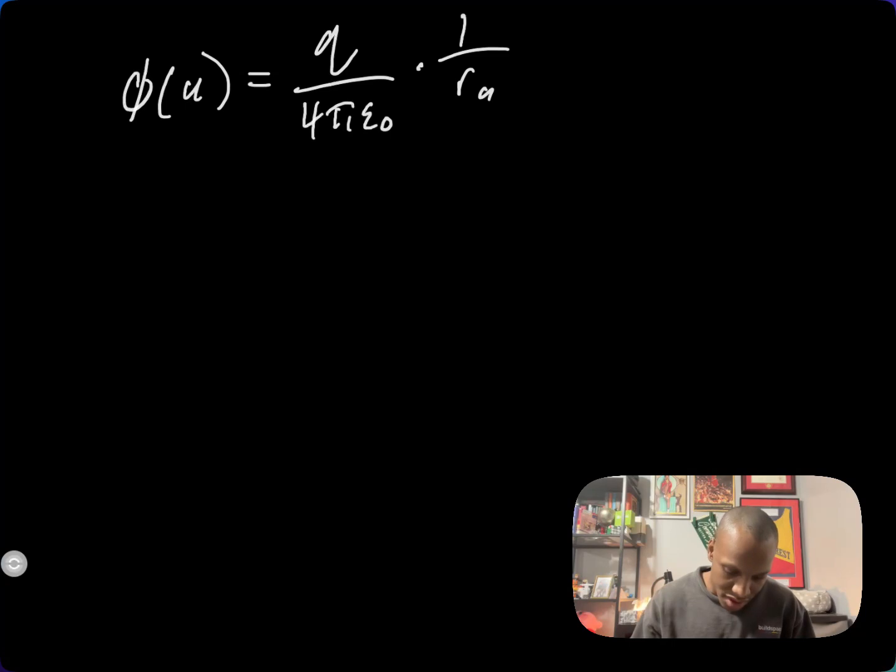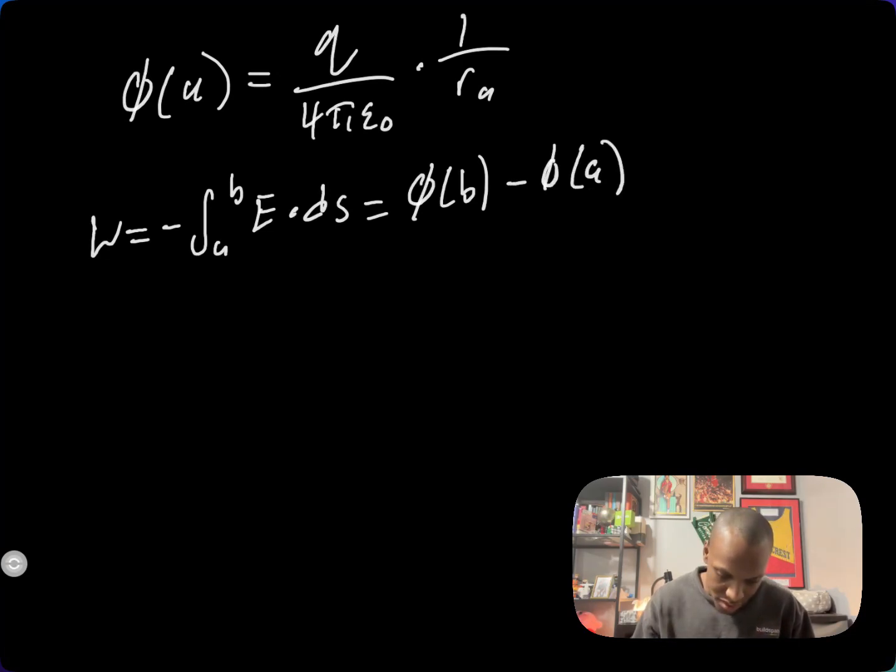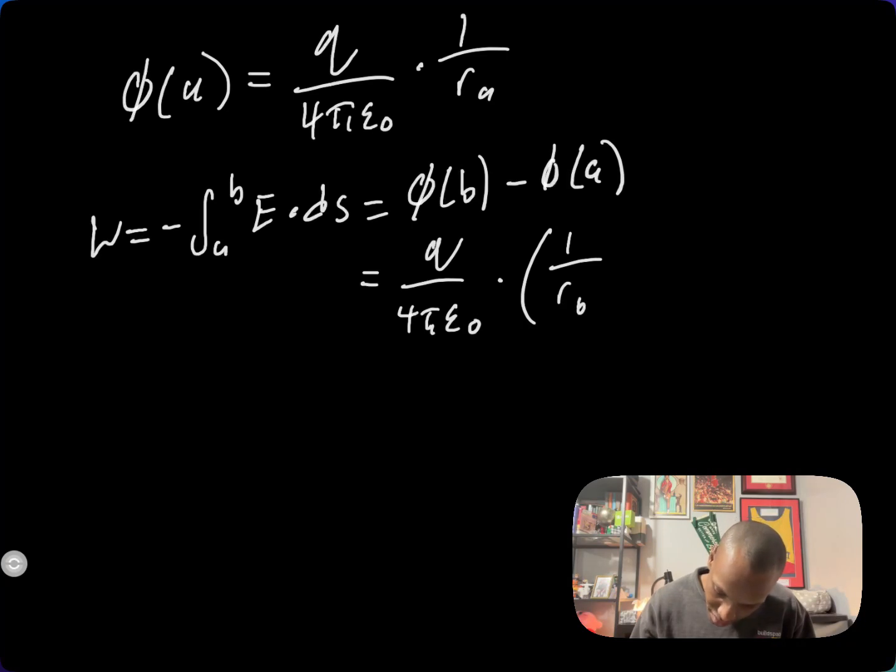And then we can write this equation for work, which is still equal to the negative integral from A to B of E ds, but we can now write that as phi of B minus phi of A. If we expand this using this definition for phi, we end up with Q over 4 pi epsilon naught times 1 over RB minus 1 over RA.